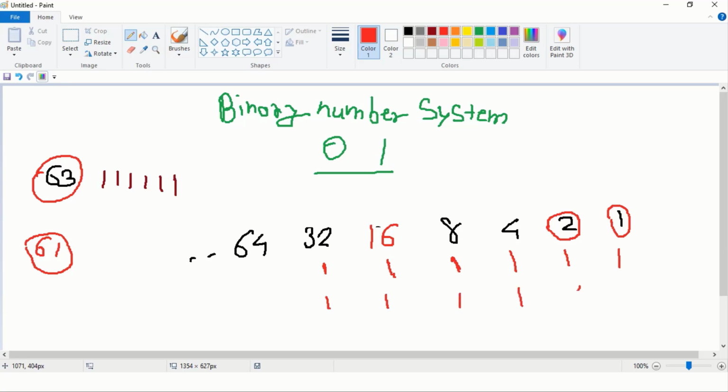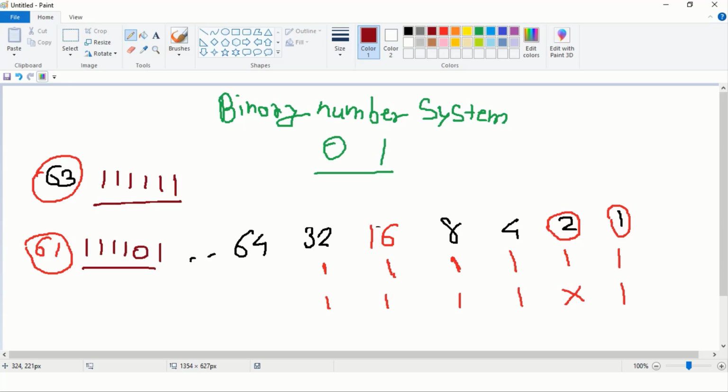I will not take 2, I will take 1. So it will be like this: 1, 1, 1, 1, 0 and 1. In this way we can represent any number using binary number system.